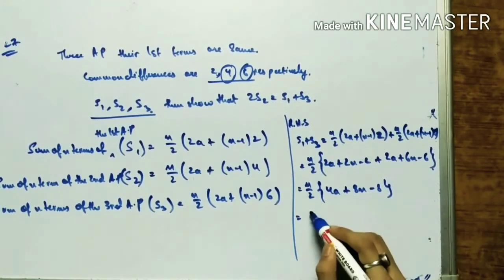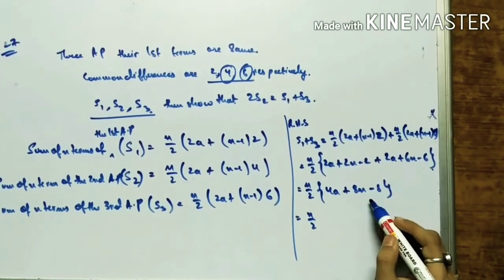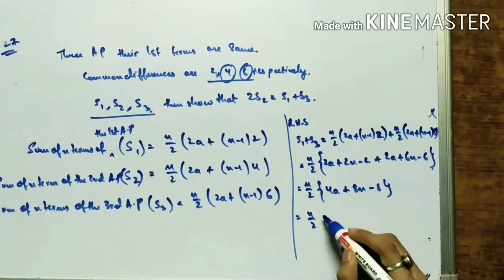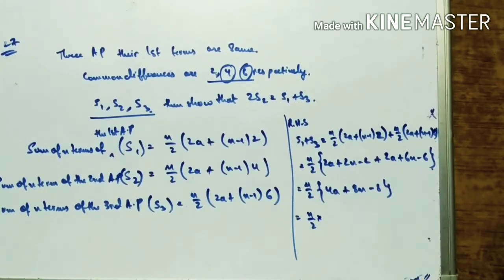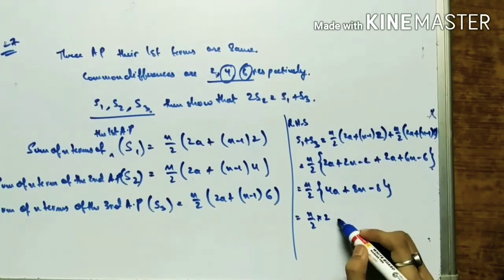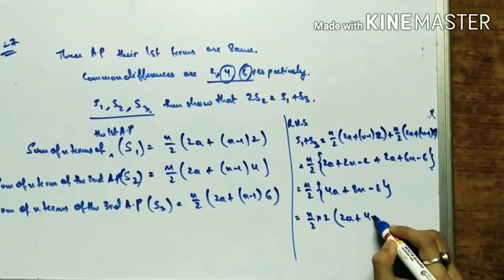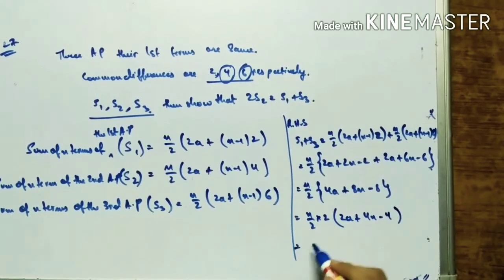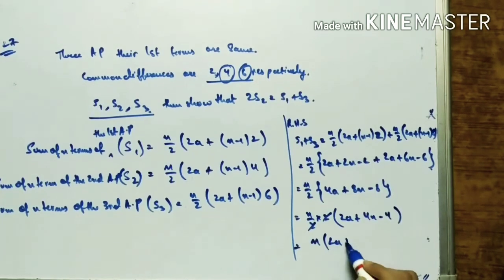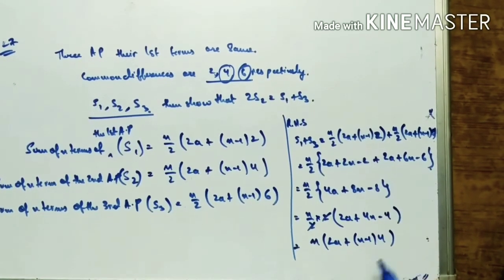Now from here, if I take 2 common, I will get twice a plus 4n minus 4. So the 2 cancels, and I will get twice a plus, taking 4 common, n minus 1 into 4.